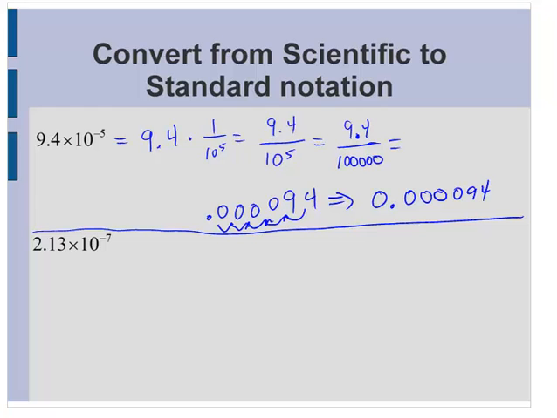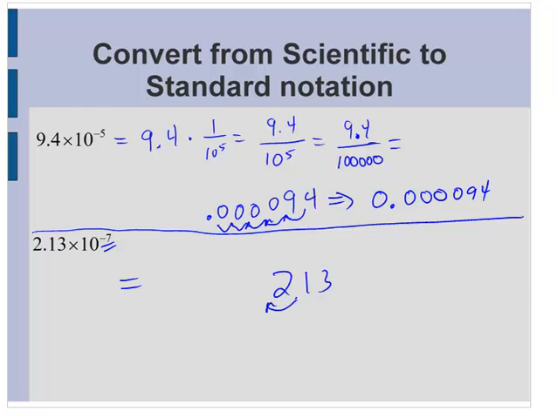Why don't you try the other one on your own? All right, without going through the whole process again, basically, I'm going to move the decimal 7 places to the left. So, I have the 213. The decimal point was here. I'm going to move it to the left 7 places.